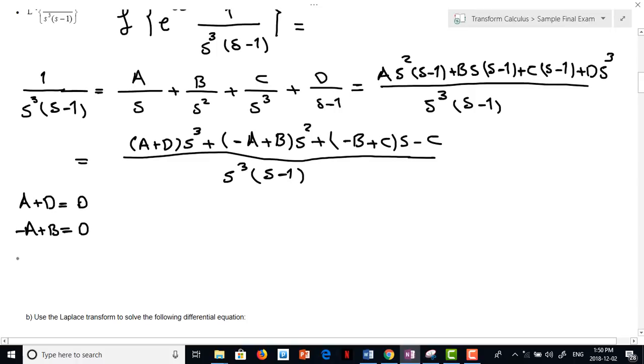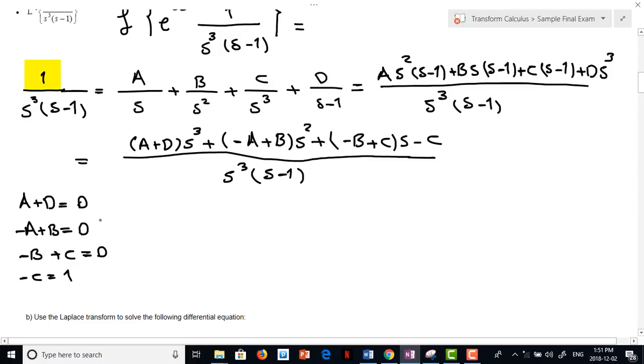Then the coefficient of s is minus b plus c on the right hand side, and on the left hand side it is equal to 0. And the coefficient of s to the power of 0 on the right hand side is minus c, and on the left hand side it is equal to 1.